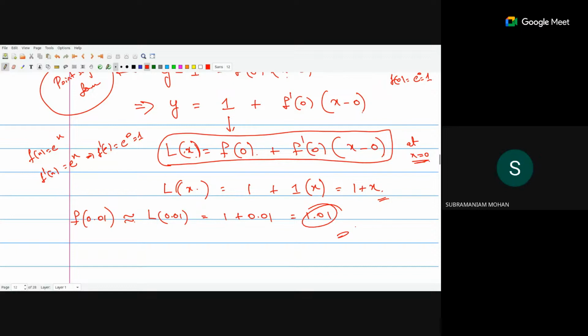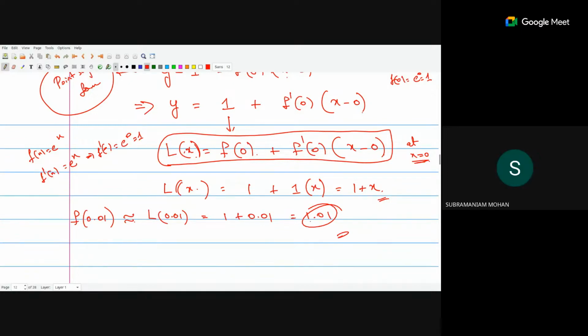This is not the accurate value. e to the power 0.01 is not equal to 1.01, but we were only asked to give the linear approximation. So the best we can do is take the tangent line, use it as the linear approximation, and get the value as 1.01. Given our resources, this is the best we can do.